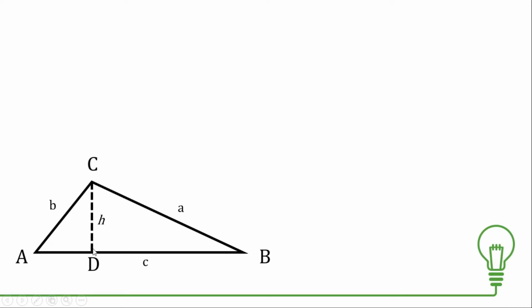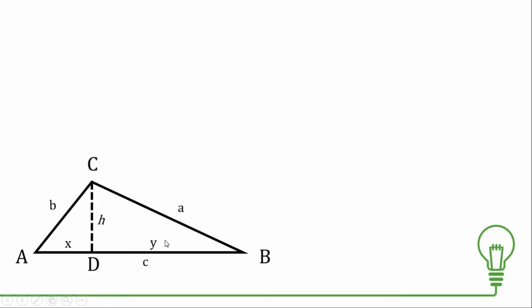If you notice, side C was divided into two parts, segment AD and segment BD. Let us name the smaller part, segment AD, as X, and segment BD as Y.